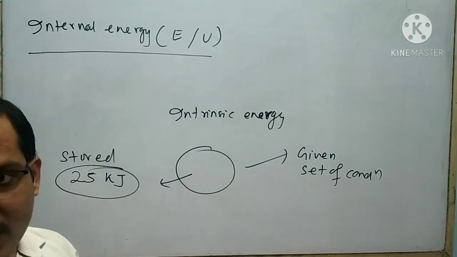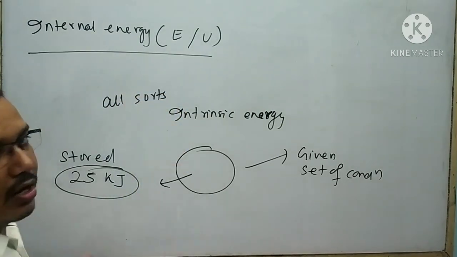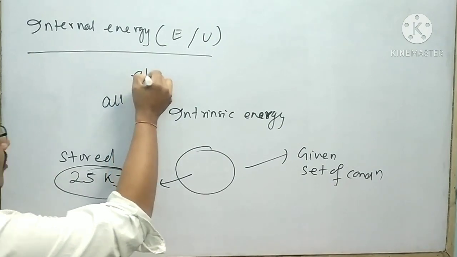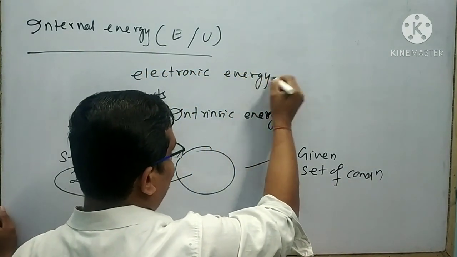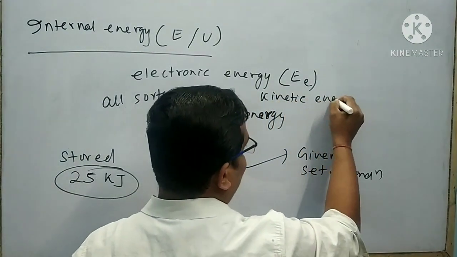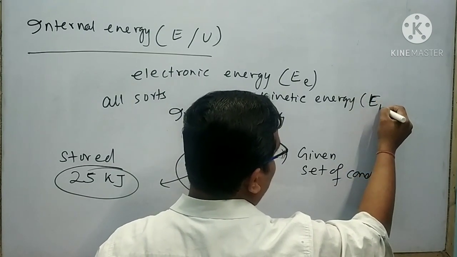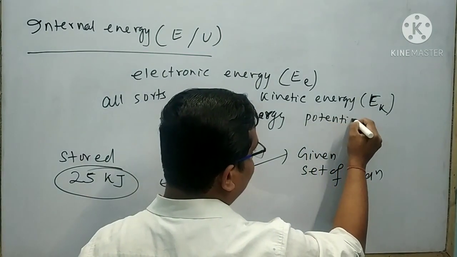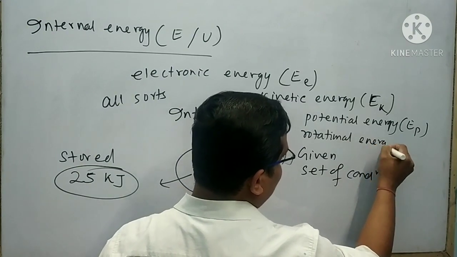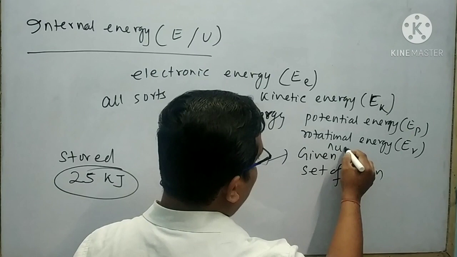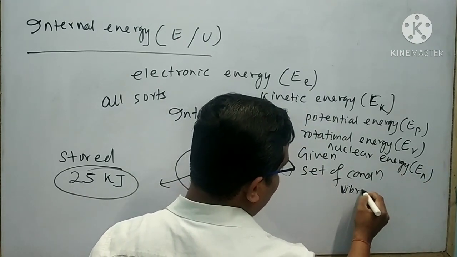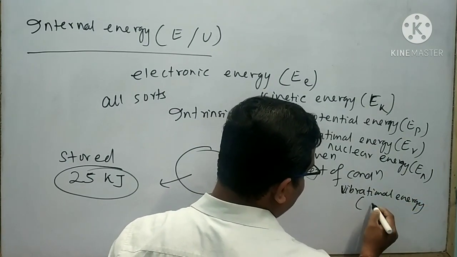The internal energy will be the sum of all sorts of energies possessed by various constituents of the molecule, such as electronic energy, suppose taken as EE, and also kinetic energy, that is EK, potential energy, suppose EP, rotational energy, suppose taken as ER, nuclear energy, suppose taken as EN, vibrational energy, suppose this is taken as EV.